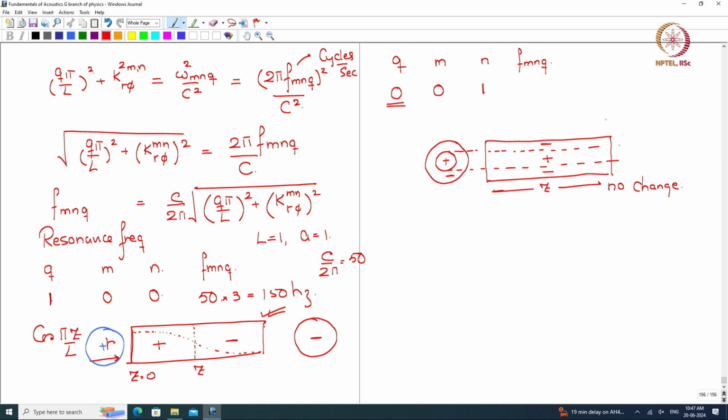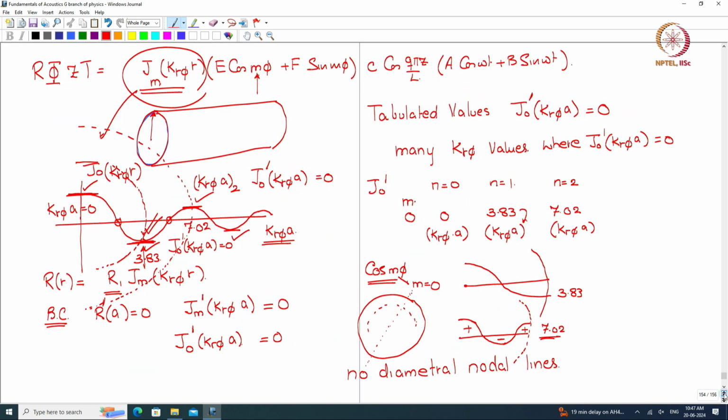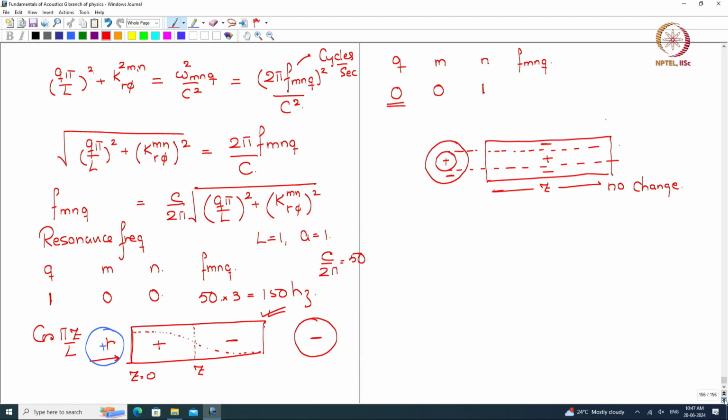Okay, let me just try one more. Suppose, okay, so what would be the value here? M0 and 1 is 3.83. Okay, so I have 50, then Q is 0, so I get square root of K M N R phi into A is 3.83, but A I have chosen 1 for convenience, so A is 1.